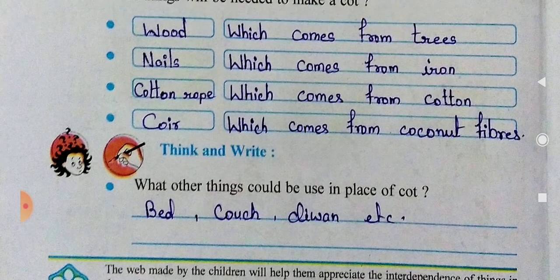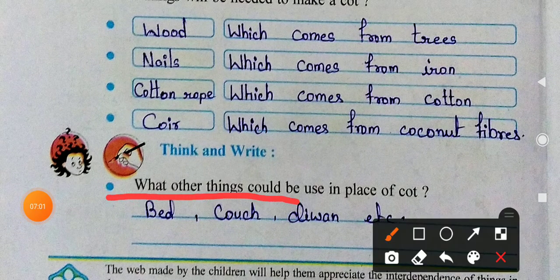Think and write what other things could be used in place of a cot. So bed, couch, divan, etc. can be used in place of a cot, according to our comfort.